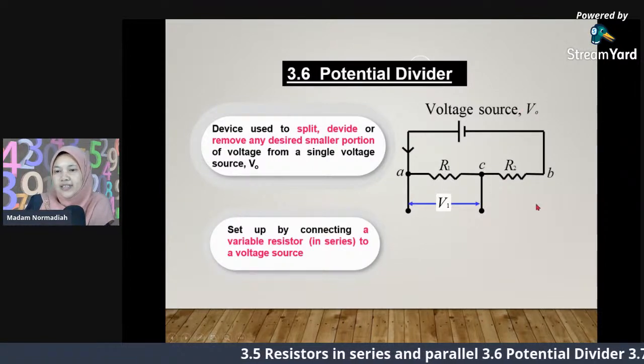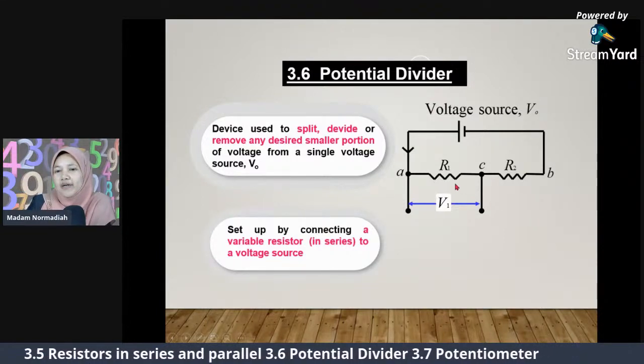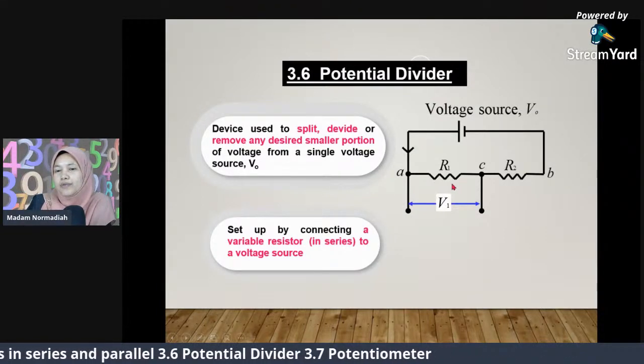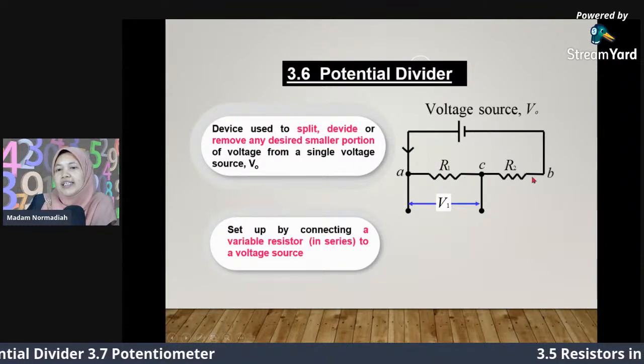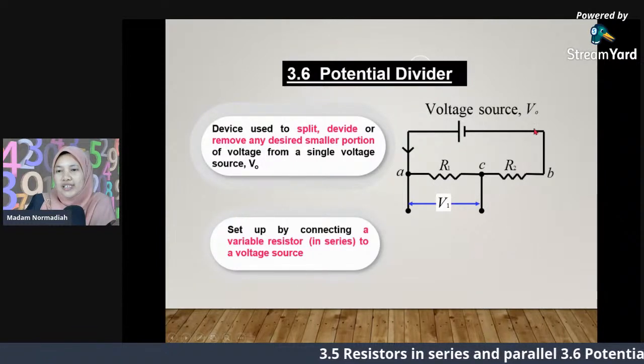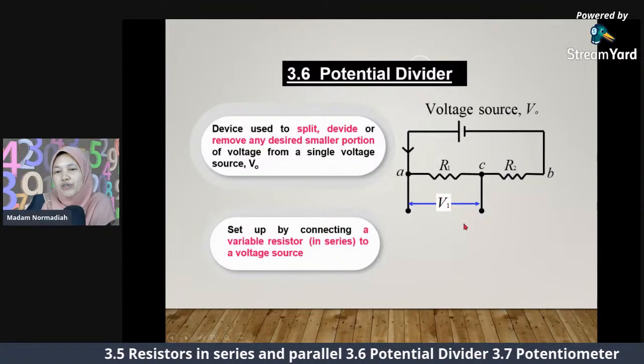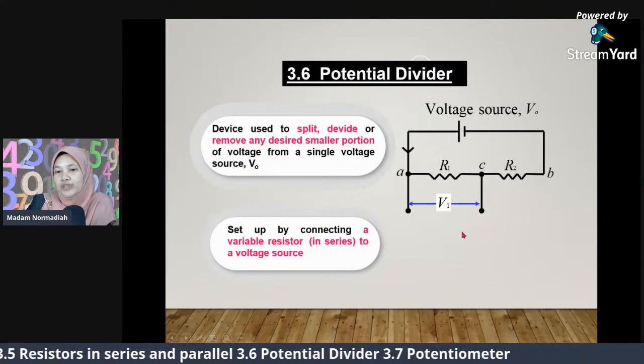Look at this schematic diagram, where we have two resistors, R1 and R2, in series arrangement connected with a voltage source, V0. V1 is the portion or fraction that we want to take out.